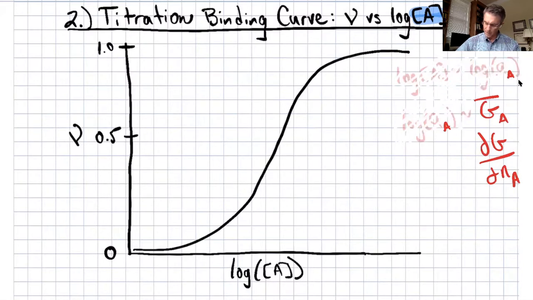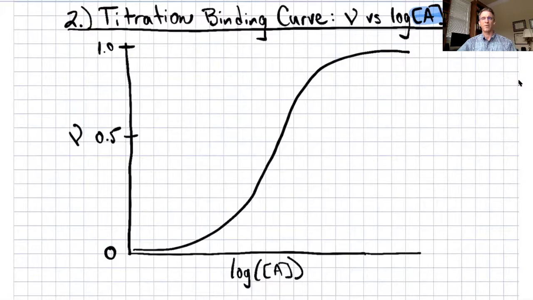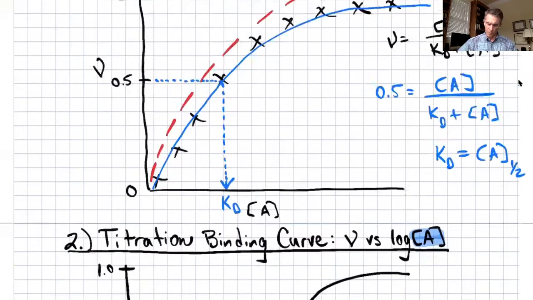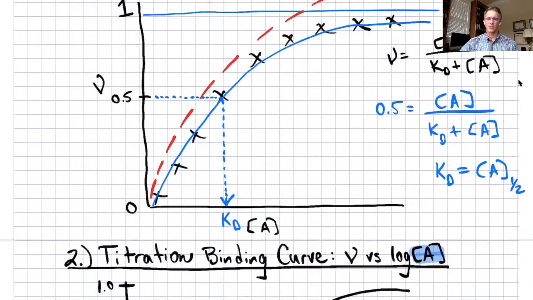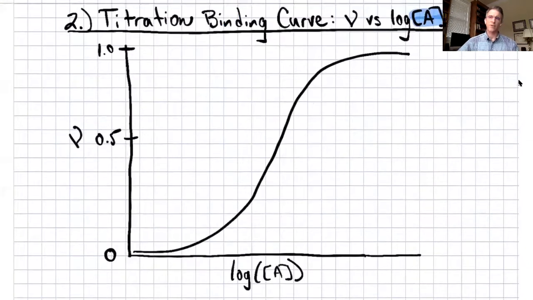There's another reason, a practical reason for doing it, which has to do with that curve. If you look at that curve, what you'll notice is that if you had data like I showed you before, data that's not quite getting to that saturation point, you can't really tell if you've done the experiment completely or not. If you transform that kind of data into a titration binding curve, it gets really clear. Because in that case, your data does something like this, right?